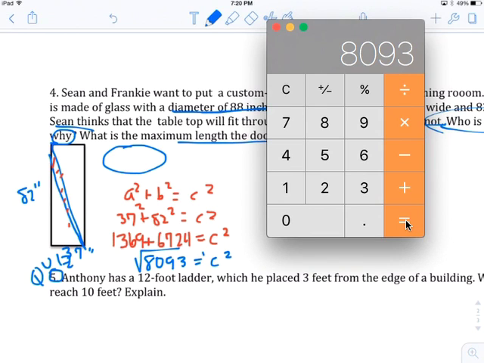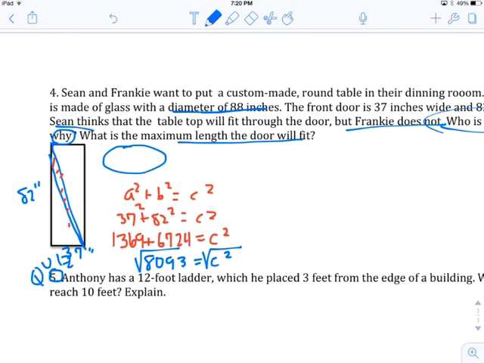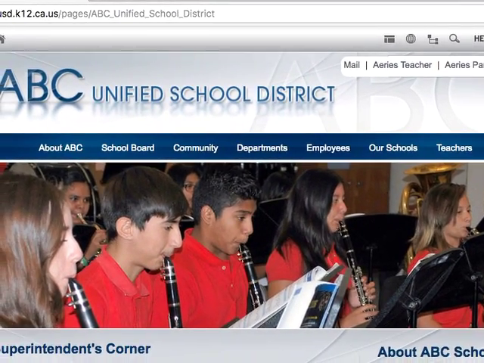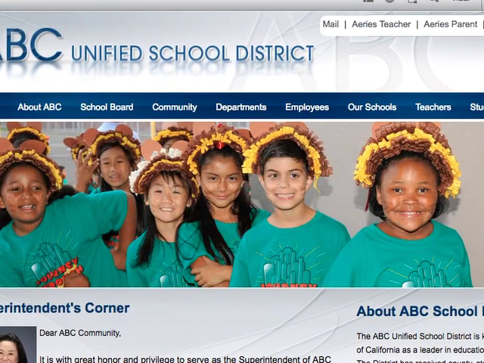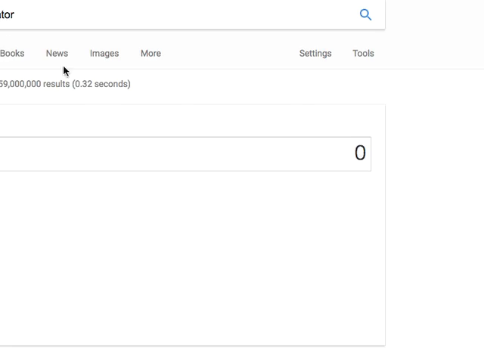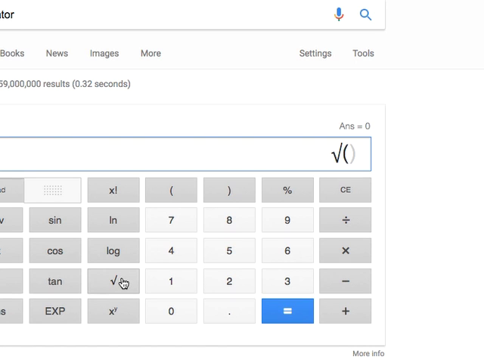Take the square root. The square root of that. Okay, get a calculator. Okay, the square root of 8093, 89.93.